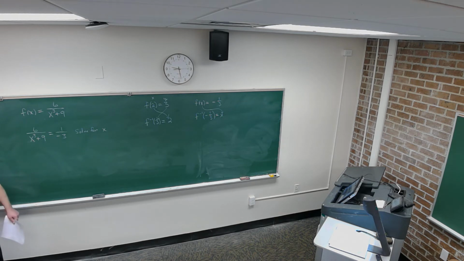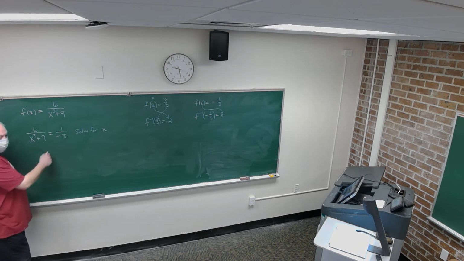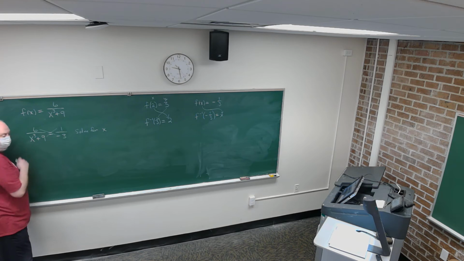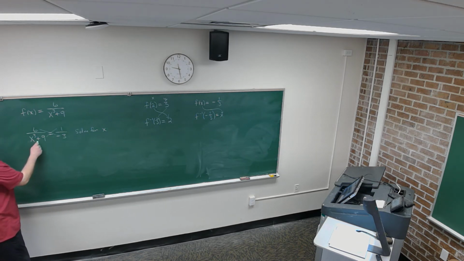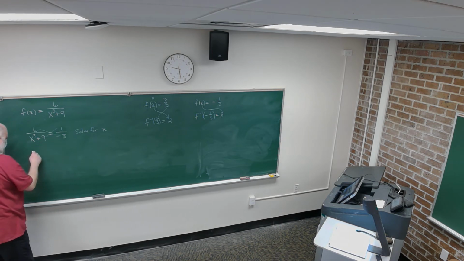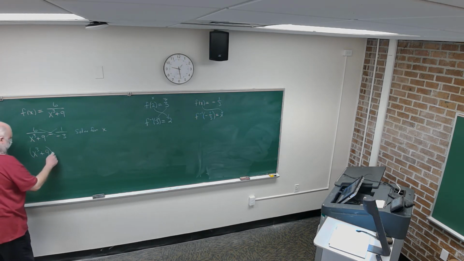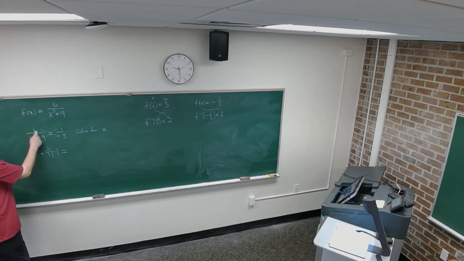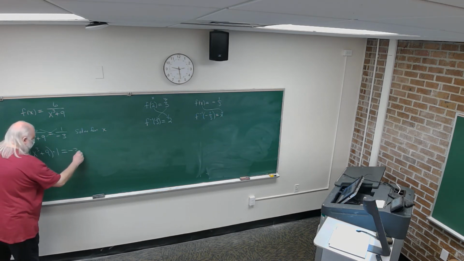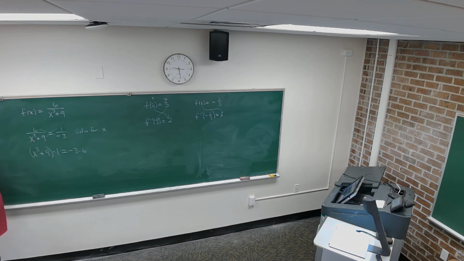Now, cross multiplication from high school. You've got a fraction on the left equals a fraction on the right. So I can do the cross multiplication. And so when I do that, I have x cubed plus 9 times 1, and that has to equal 6 times minus 3, or minus 3 times 6.